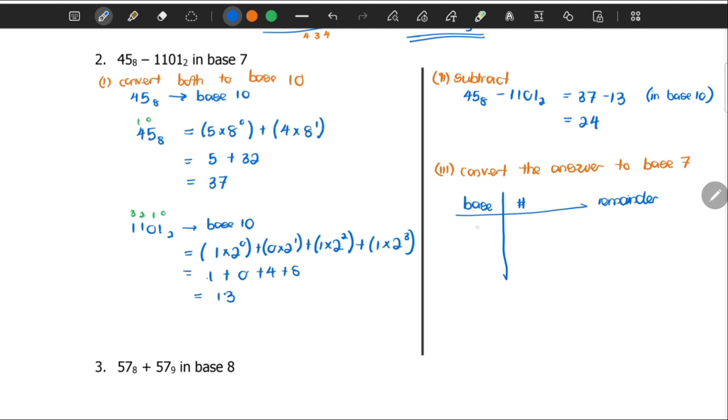The base is 7, the number is 24. 7 into 24, that's 3, remainder 3, because that's 21. 7 into 3, that's 0, remainder 3. Since we have reached 0 here, we read the number up. So 33 base 7 is the final answer. So that's how you do that computation.